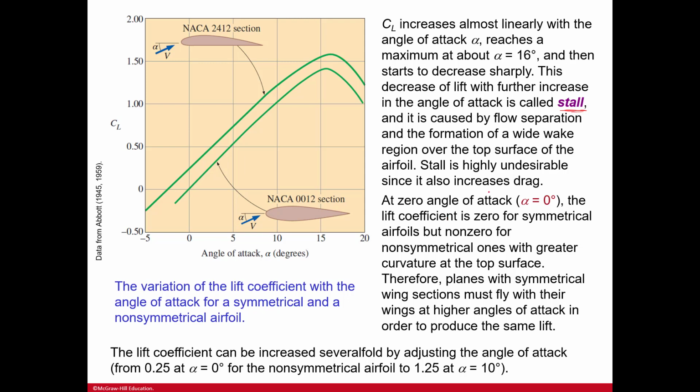At zero angle of attack, that's equal to 0 degrees, the lift coefficient is 0 for symmetrical airfoils, but non-zero for non-symmetrical ones with greater curvature of the top surface. Therefore, planes with symmetrical wing sections must fly with their wings at higher angles of attack in order to produce the same lift.